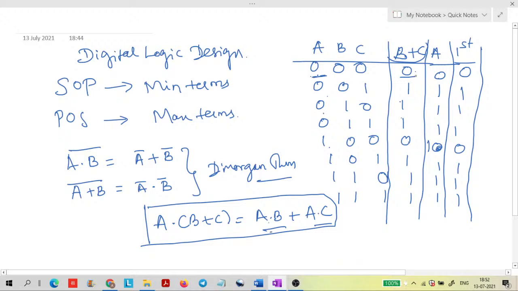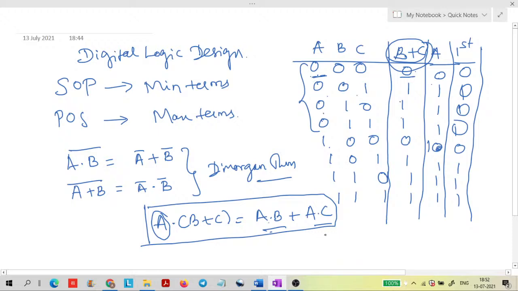I think some mistake is there here. B plus C is already there, and we need to make a product with A. So here all 4 are 0, so by default you will get 0 only, because if any of the terms is 0, the product is 0.